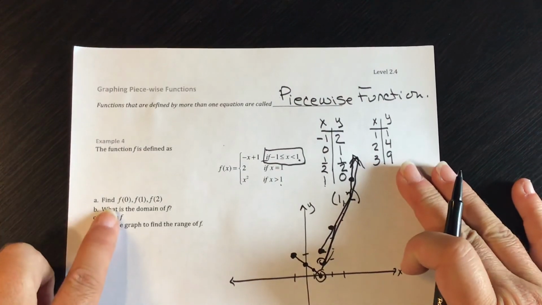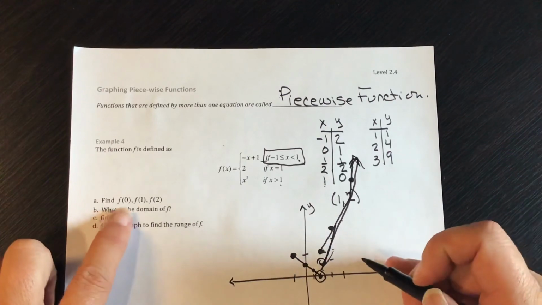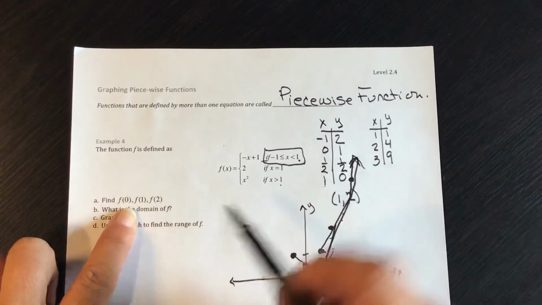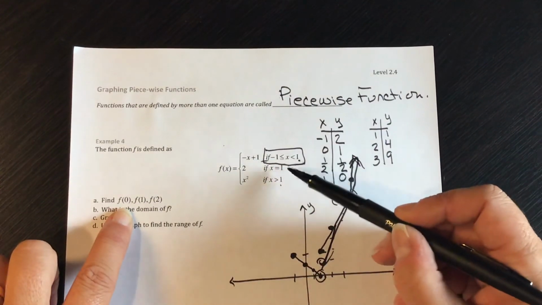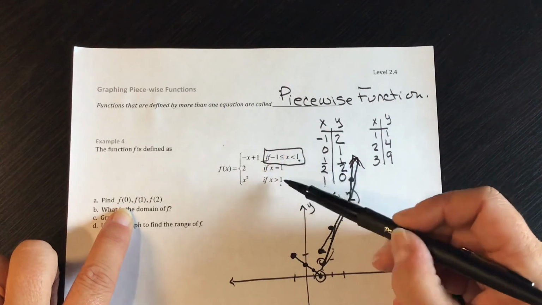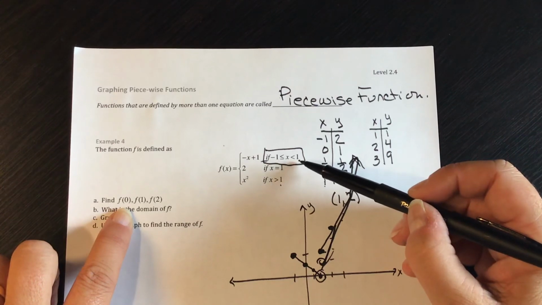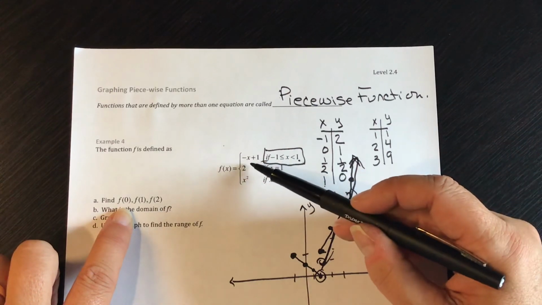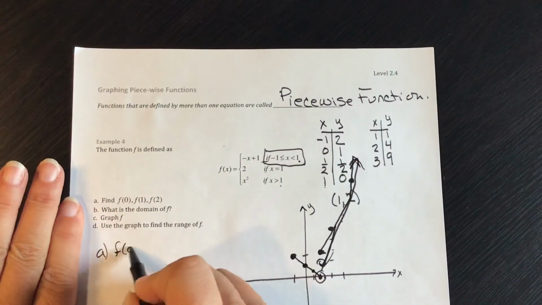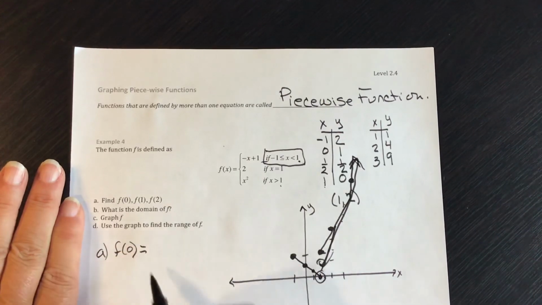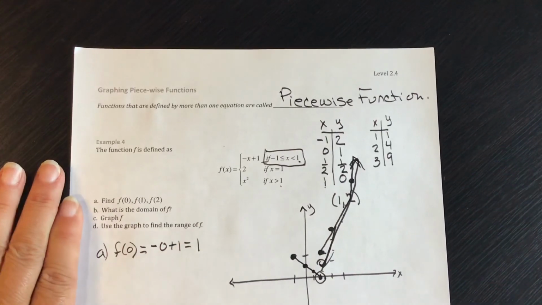Now, they're asking us to use this graph, and oh, I'm sorry it's messy, to find the values of f of 0. So the x value is 0. I need to figure out which domain that falls into. And in this case, 0 is between -1 and +1. So this is the function that I will use to find f of 0. So f of 0 is the opposite of 0 plus 1 equals 1.